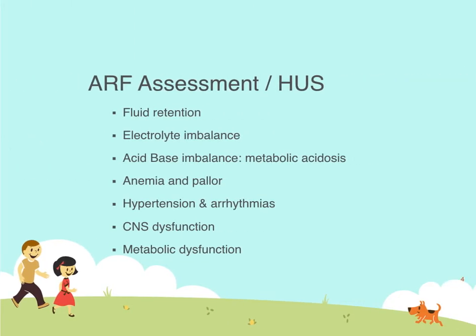When you do your physical assessment, you're looking for fluid retention. You'll be monitoring the chemistries. In particular, focus on the electrolytes, acid-base balance because of metabolic acidosis. You'll look at the CBC, and you're not going to see changes in the white cells necessarily, but you definitely will see a decrease in the hemoglobin hematocrit as well as the platelet count.